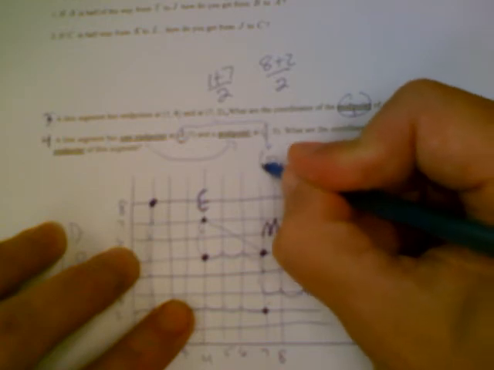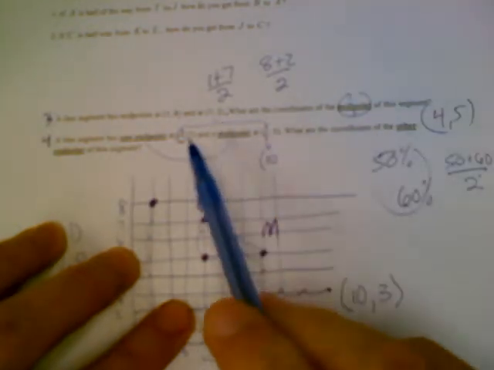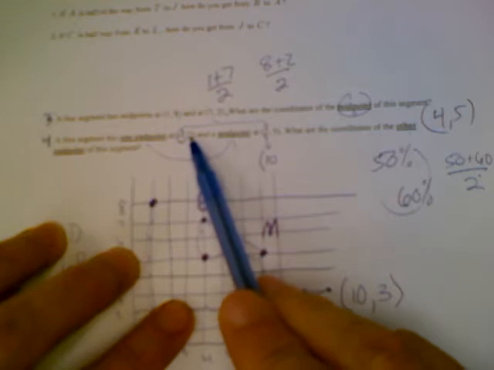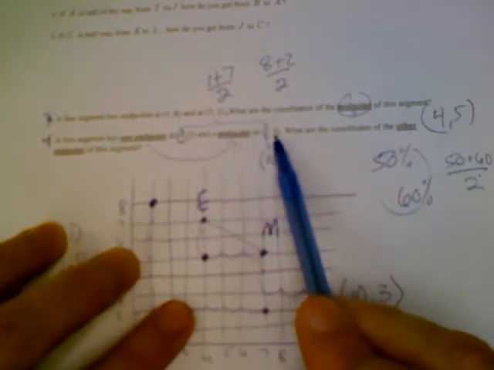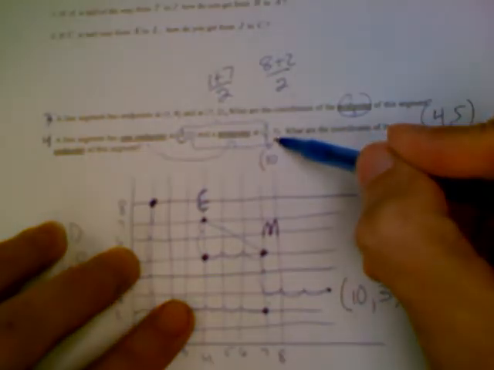That's the x-coordinate of the other endpoint. Now look at the y values. From 7 to 5, that is 2 steps down. So to get the y-coordinate of the other endpoint, you have to continue to go down the same number of steps. 2 steps down from 5 would be 3. And here's the answer that we got when we did it on the grid just a couple of minutes ago.